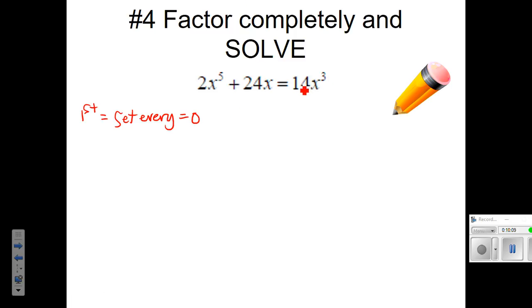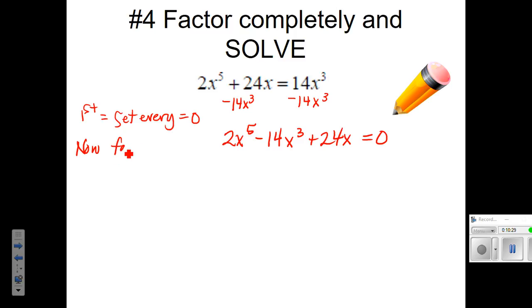So I'm going to bring this 14x cubed to the other side. It doesn't subtract with anything because it doesn't have any like terms. So our problem would be 2x to the 5th minus 14x cubed plus 24x equals 0. Now we can begin the factoring process.